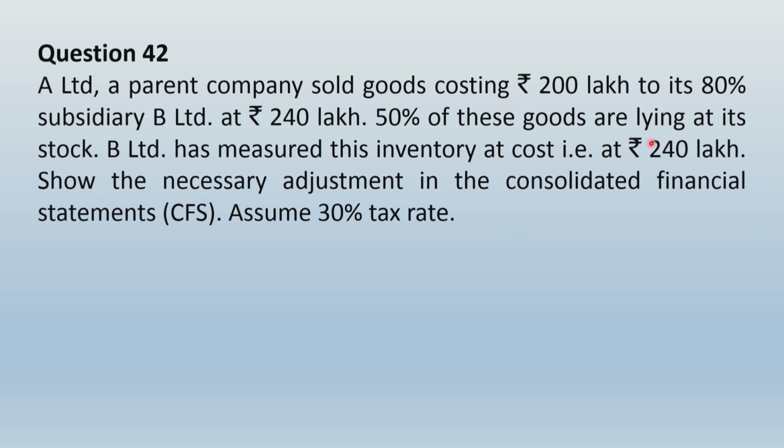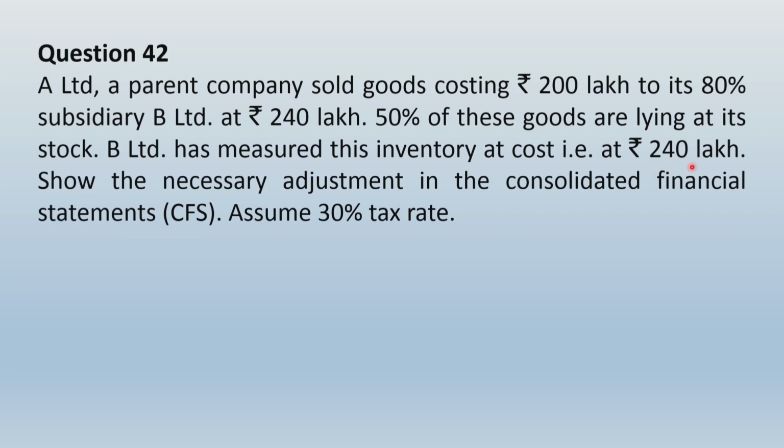Once 20 lakhs of profit is removed, this time we have been informed of the tax rate as well, and therefore there will be a deferred tax effect on this. Mind it, from the taxation viewpoint, the tax base amount would always be the actual transaction price or the invoice value. What I am trying to tell you is, 240 lakhs is the transaction price.